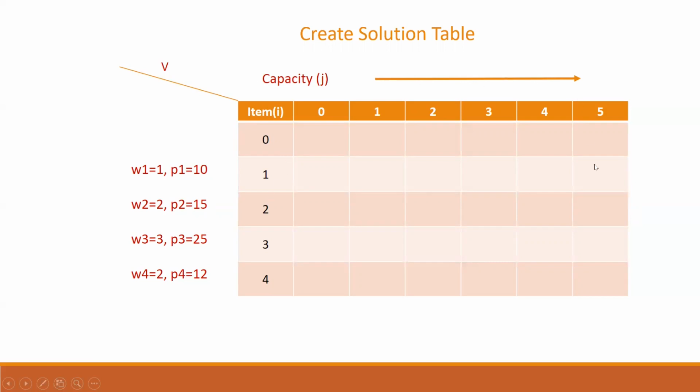So we have to create a table. So here this solution table is mentioned as B. And the columns are mentioned as J. Rows are mentioned as I. So here in this left side, the weight of each item and the profit of each item is given.